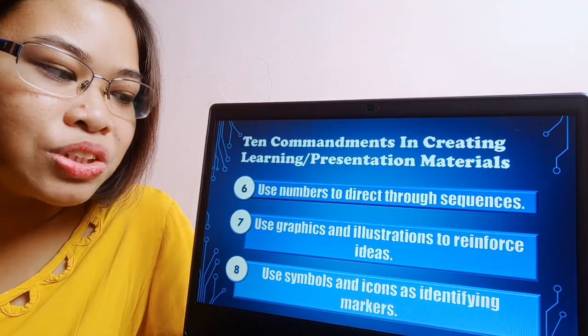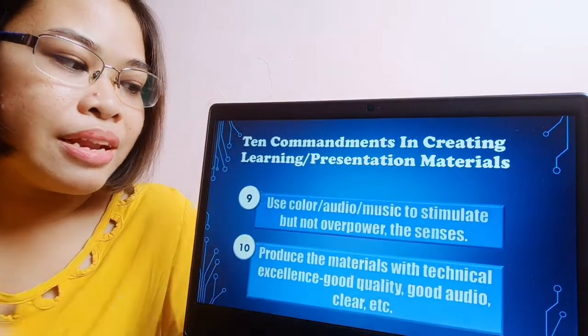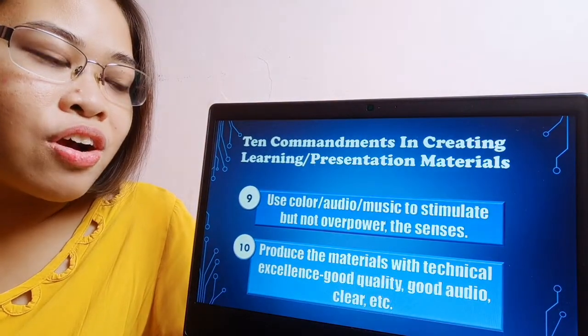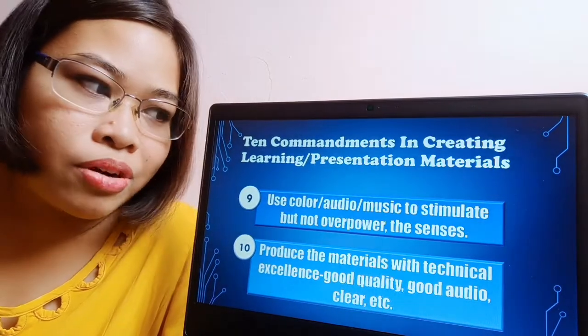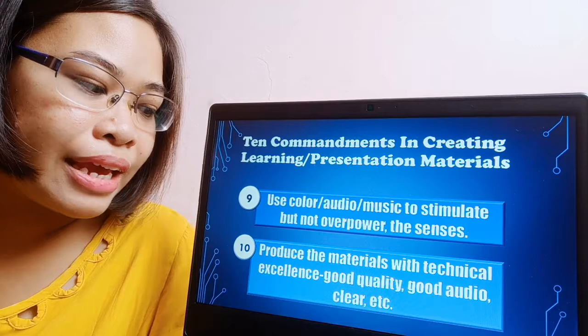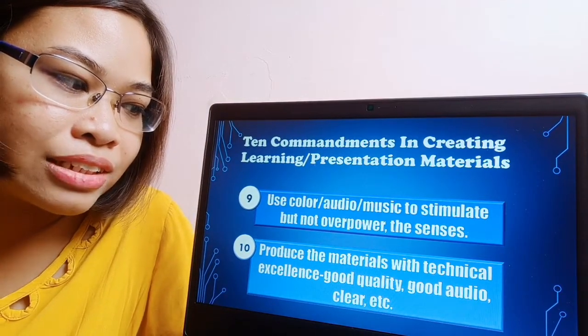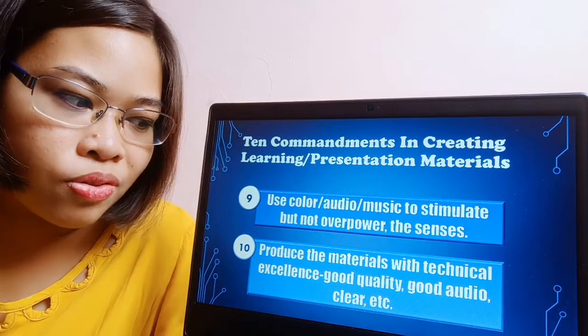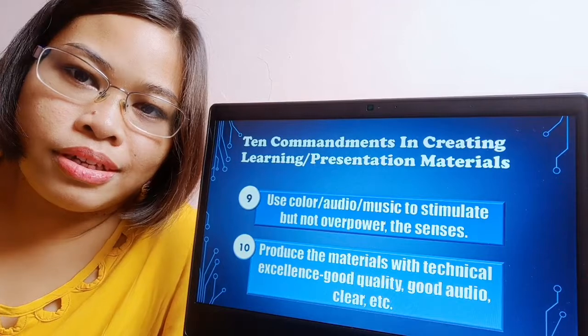Number eight, use symbols and icons as identifying markers. Number nine, use color, audio, music to stimulate but not overpower the senses. And lastly, produce the materials with technical excellence, good quality, good audio, clear, and more.